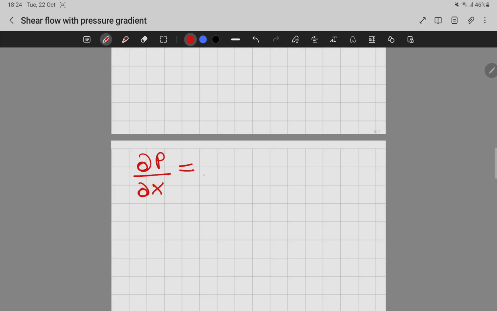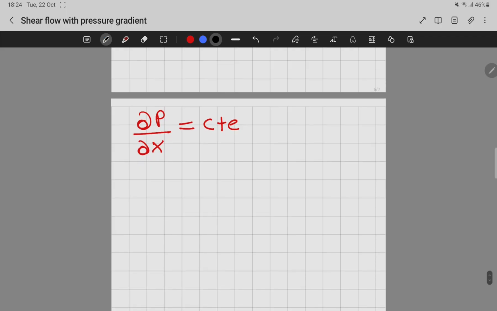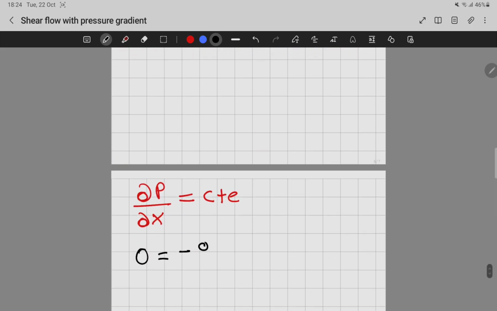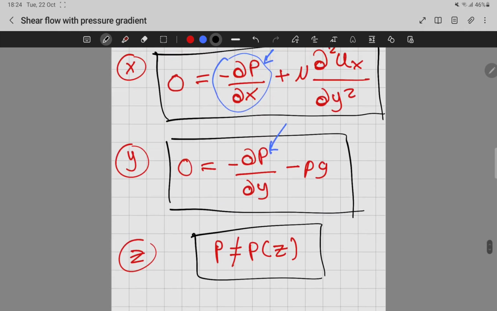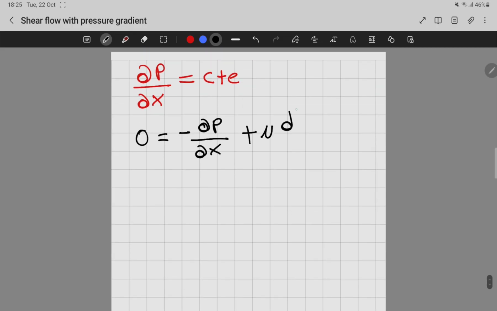So 0 is equal to minus dp/dx plus viscosity times the second derivative. And now this is an ordinary differential equation, so let's solve it.